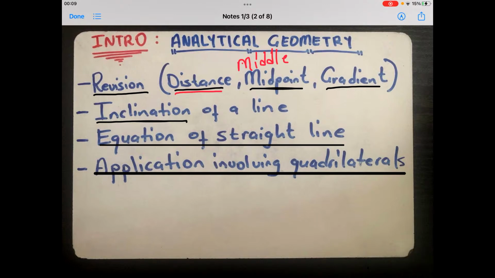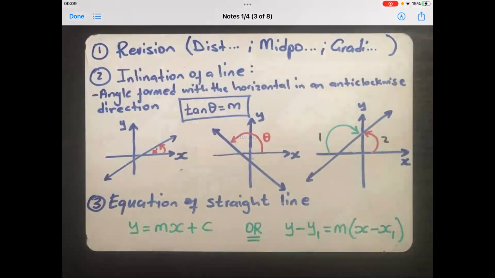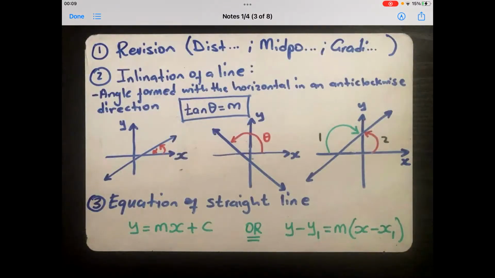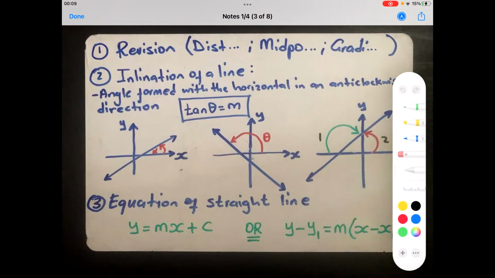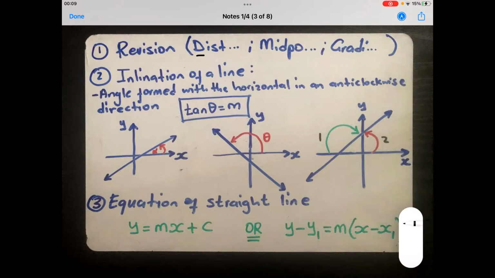Number 1, we have already discussed the distance formula, the midpoint, and the gradient formula. So now we are about to talk about inclination of a line.